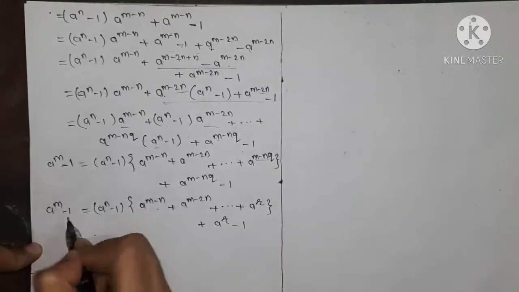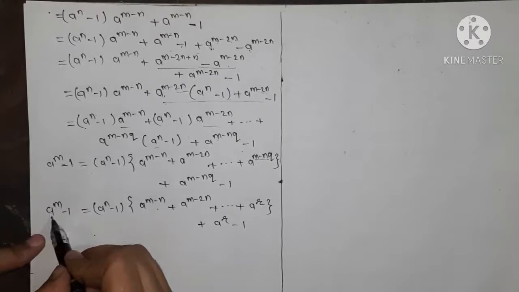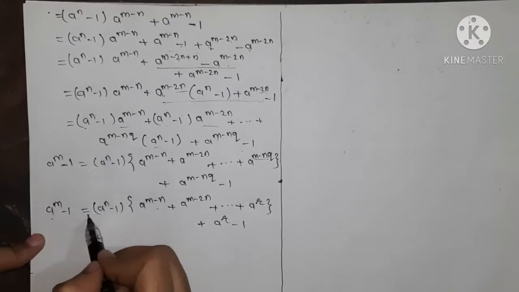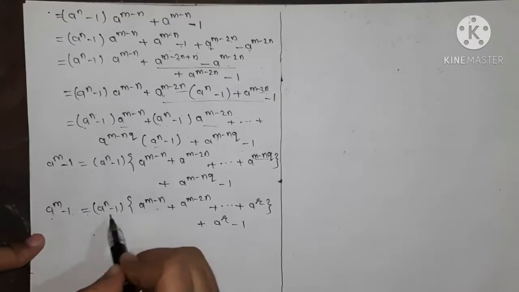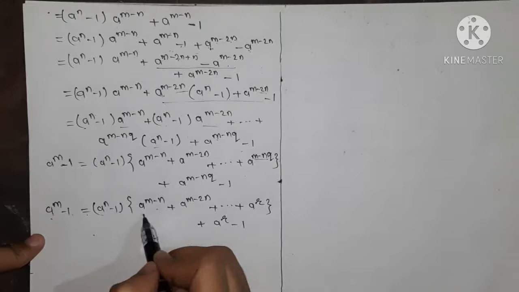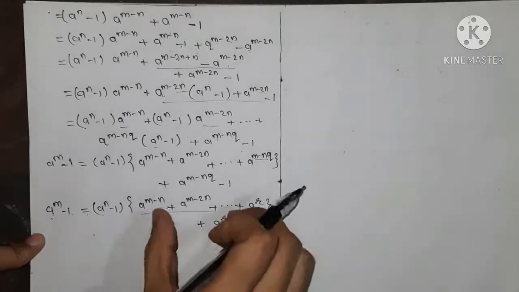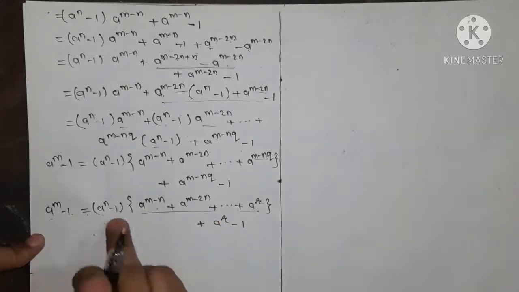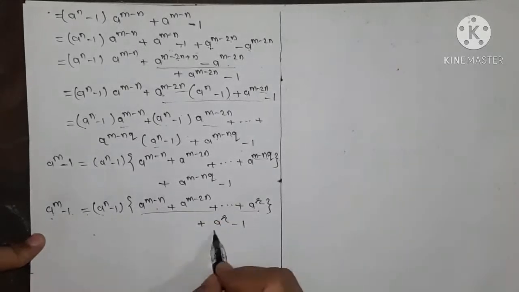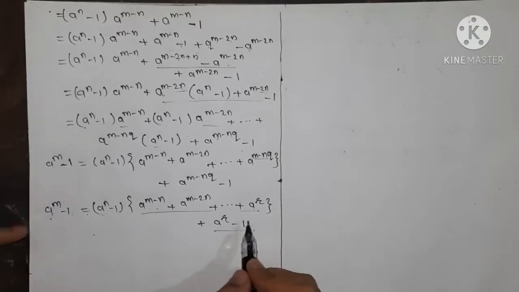So we write here a to the power m minus 1 is equal to a multiple of a to the power n minus 1, because this comes out to be an integer. So multiple of a to the power n minus 1 plus we take this as a remainder a to the power r minus 1.